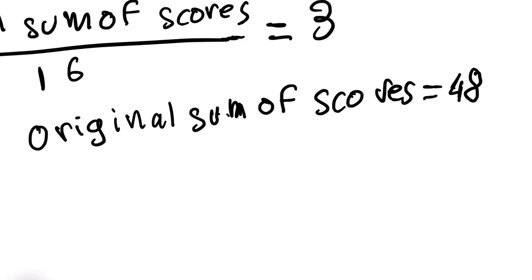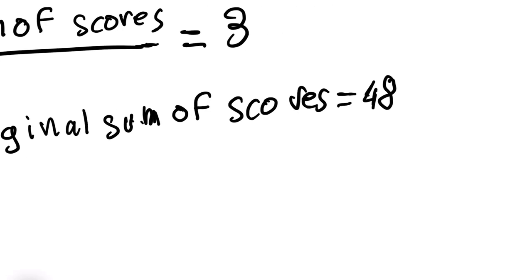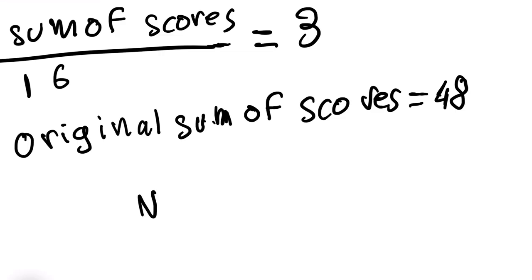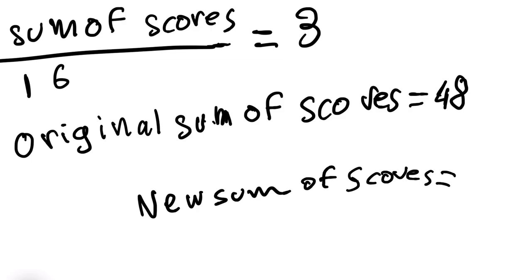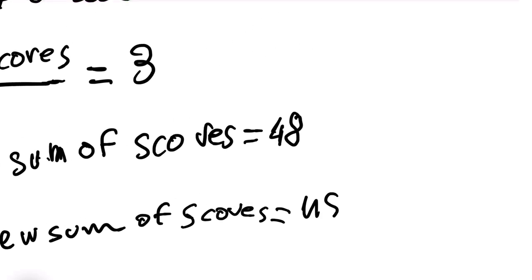If every score is multiplied by 10, then the sum of the scores will also be multiplied by 10. So the new sum of the scores is going to be 48 times 10, which is obviously equal to 480.